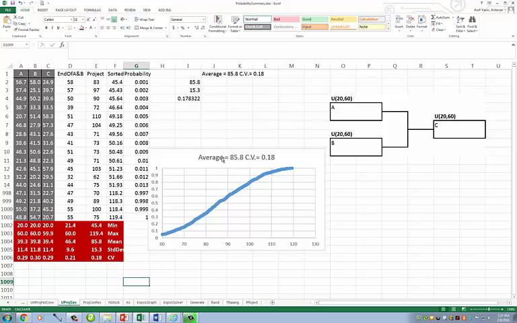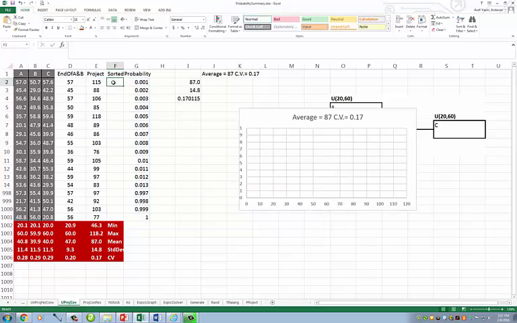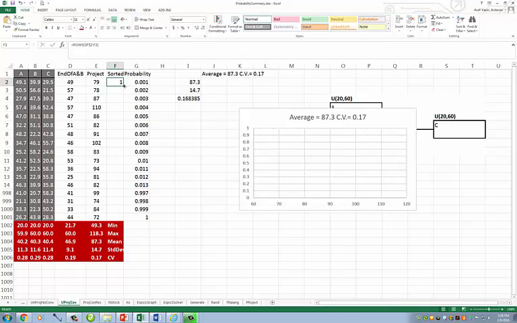Okay, now in order to create the graph, I do something a little bit easier. Equal to rows. And then I click on this cell, semicolon, and the same cell appears. I will go and make the first one absolute. Then I copy it down.